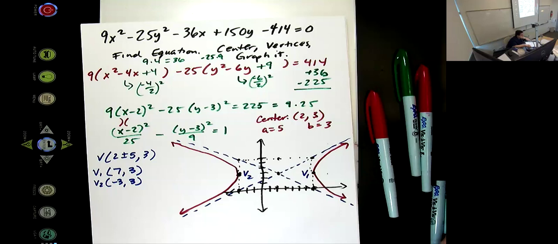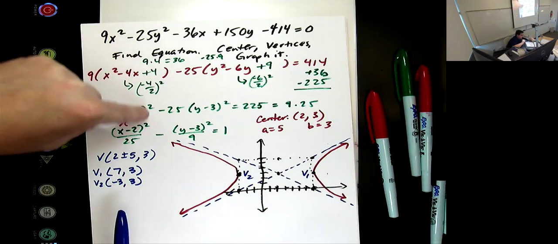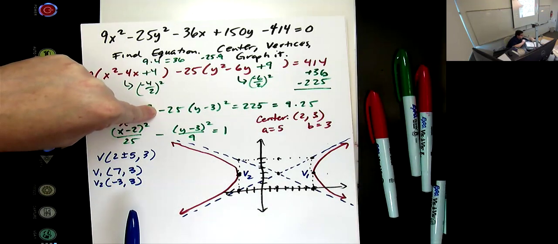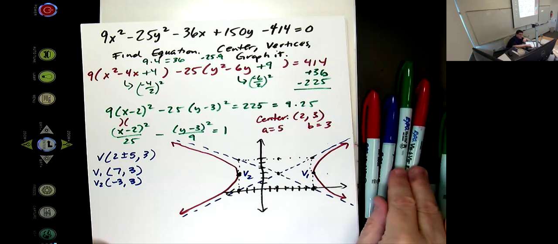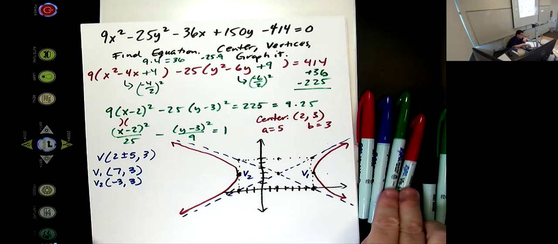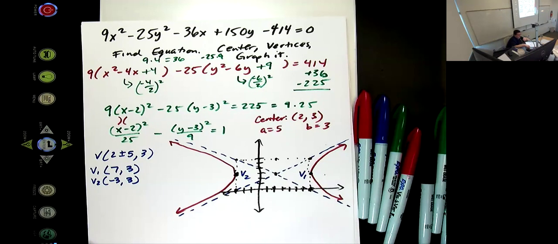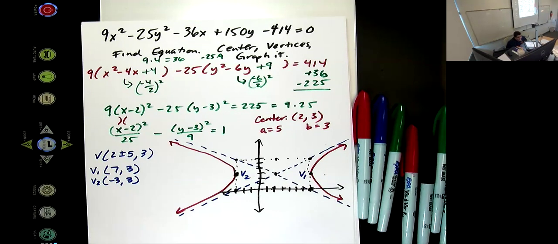I'm forgetting something. What is the difference between this and the ellipse one? The ellipse form has a positive here. That's the only difference. But the hyperbola, the shape is drastically different. It can also have a positive, right, and the parabola?